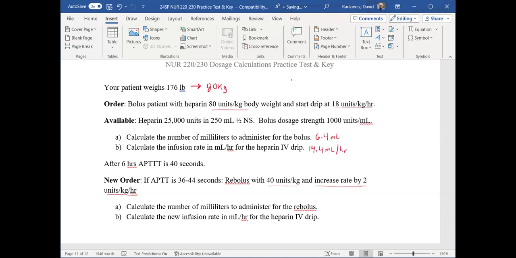So half of the rebolus is 40, so it would just be 3.2. If I'm working this out again, I'm taking 80 kilograms times 40 divided by 1,000, and that's where you get the 3.2 milliliters. And then for this flow rate, I actually get 8 milliliters per hour.